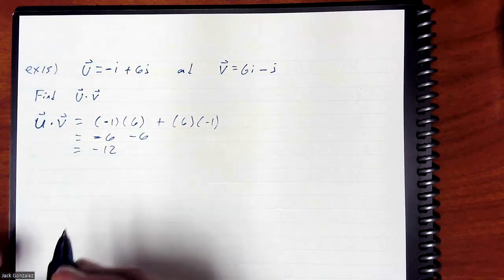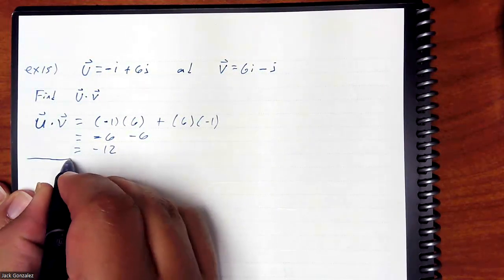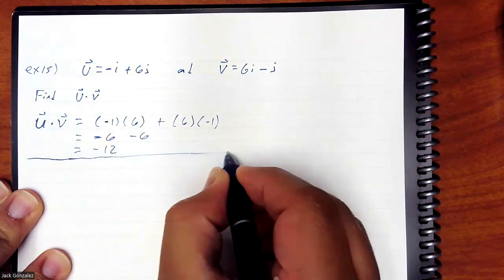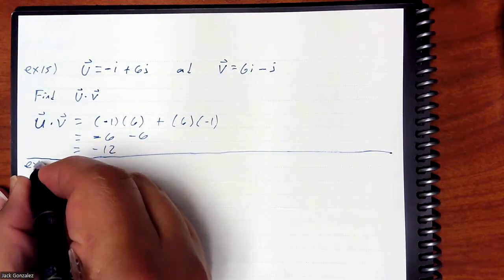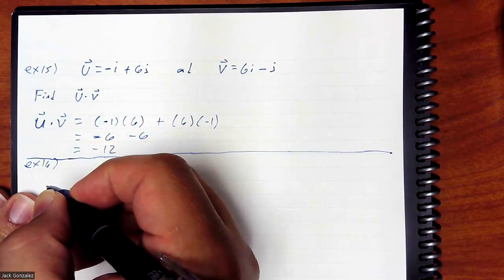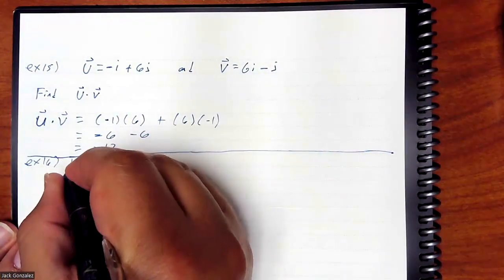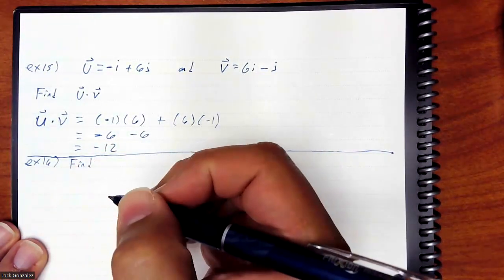Last example. You guys cool on 15? You remember the dot product. The last one will be finding an angle between 2 vectors.